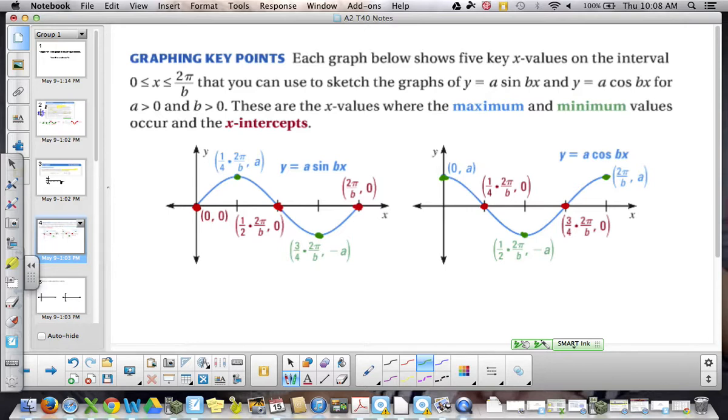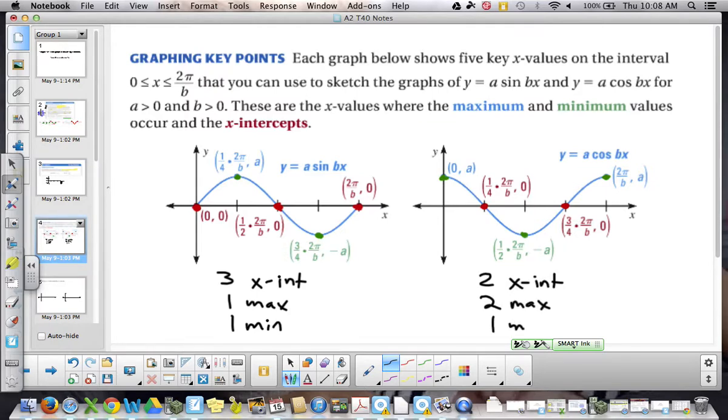For sine, it's going to be 3 x-intercepts, 1 max, 1 min. Those are your 5 key points. When you graph cosine, you're going to have 2 x-intercepts, you're going to have 2 maxes, and you're going to have 1 min.